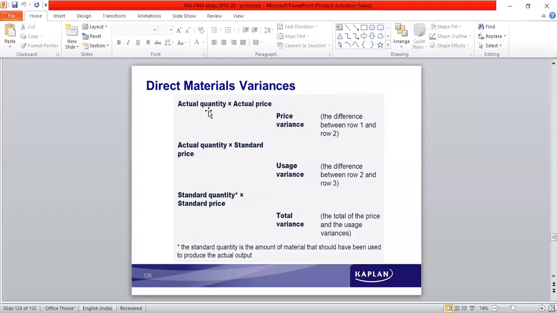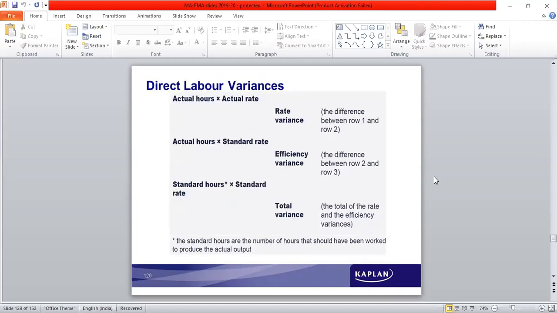Here we have actual quantity into actual price minus actual quantity into standard price, and then actual quantity into standard price minus standard quantity into standard price. The explanation here is not very clear, but the chart which I put up, you can copy those formulas.